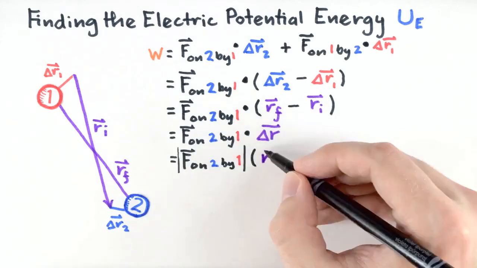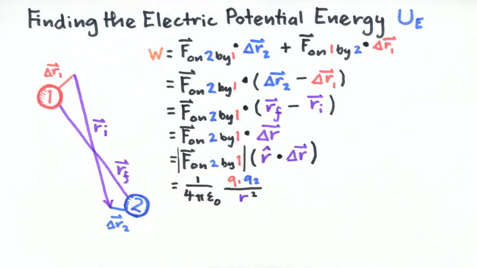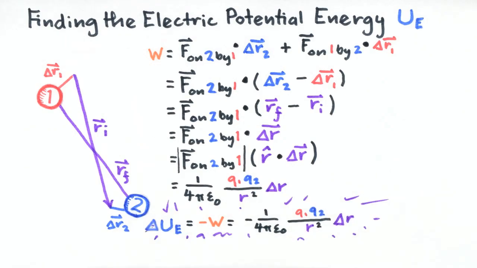Then we can use our definition of the change in potential energy as the negative of this work, and here again, like in the gravitational case, we find that we only care about changes along directions radially toward or away from the relative origin, which here is the location of charge 1. So this is our result for small displacements.